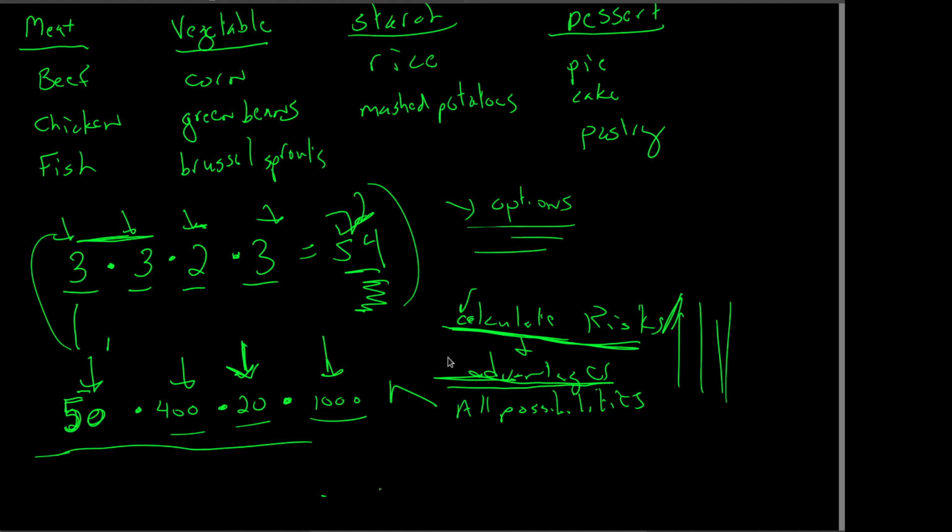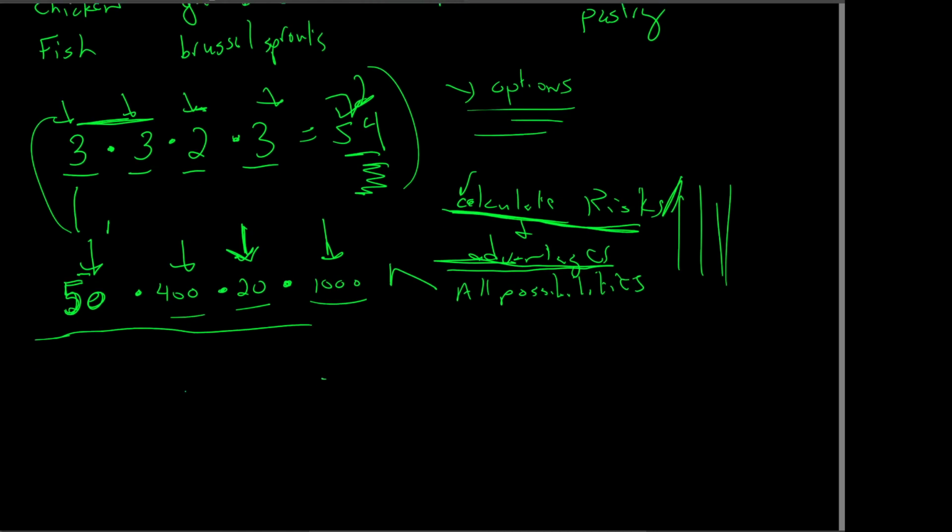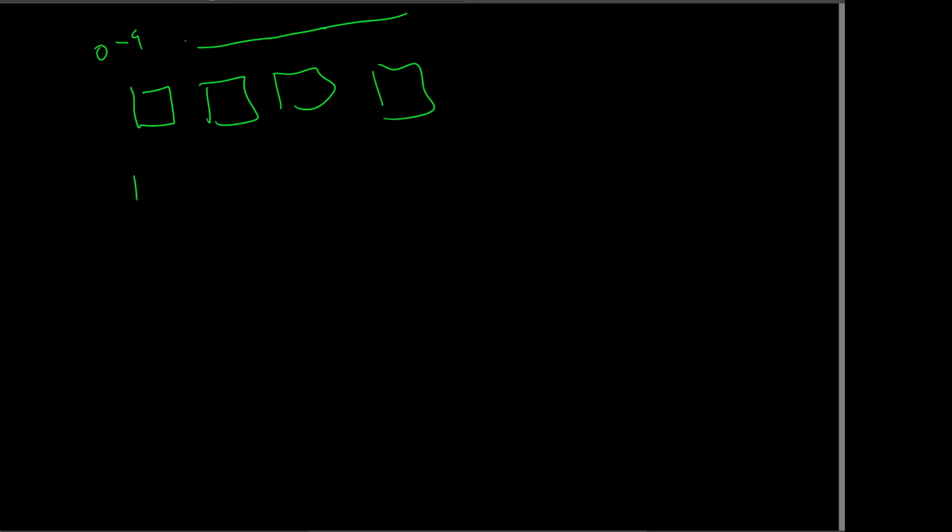All right, another way the counting principle rears its head. Sometimes we could think of passcodes. And so if I have a 4-digit pin, and I can go 0 through 9 on each of them, I have 10 options, 10 options.